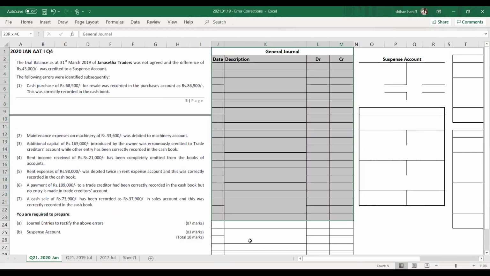Right, so we need a general journal. You can draw a general journal. Question number 21, page 16.